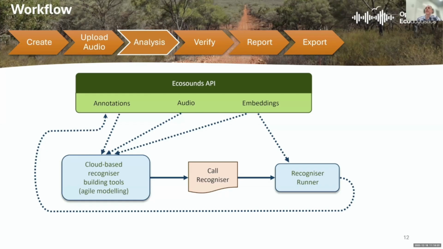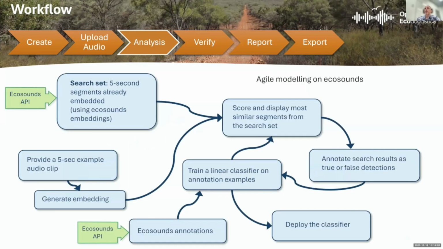Next slide. What that looks like in a little bit more detail. So this platform for building the recognizer uses something called agile modeling, which is kind of like an active learning machine learning workflow. So the first thing is that the embeddings are generated on ecosounds. And so we don't have to do that when we're building the recognizer.